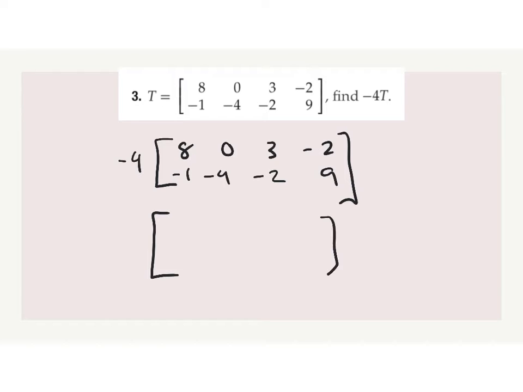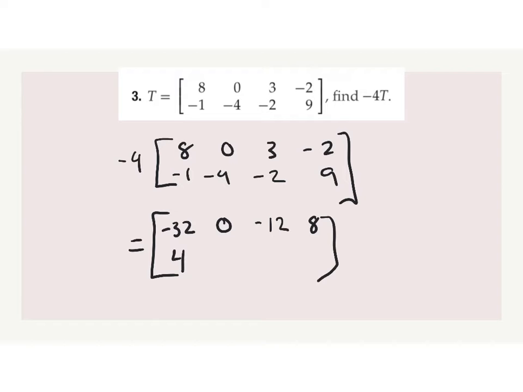So first, we have negative 4 times 8. What would that be? Negative 32. Negative 4 times 0. Negative 4 times 3. Negative 12. And negative 4 times negative 2. 8. All right, now onto our bottom row. Negative 4 times negative 1.